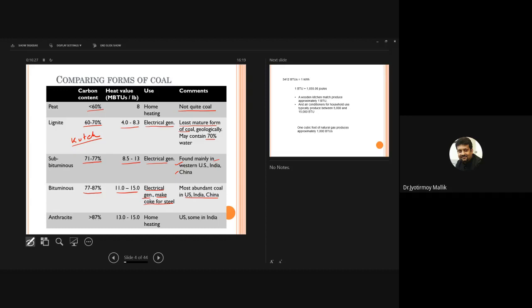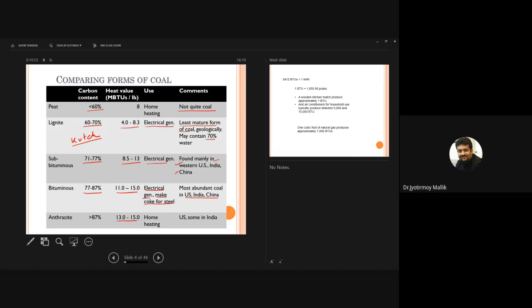Okay, and then anthracite, which has almost more than 87% of carbon, very high heat value. But you can see that anthracite is not very well used for electricity generation or for making coke for steel. Why, we will see later on.